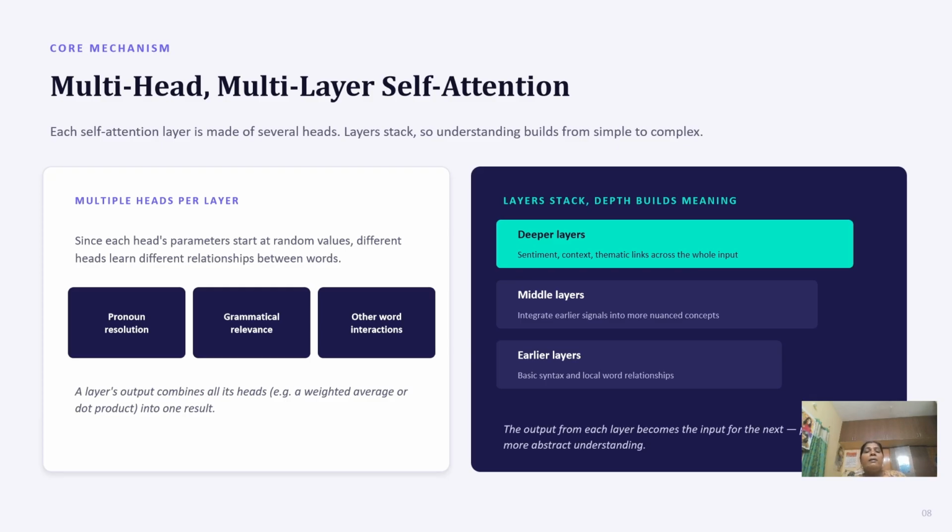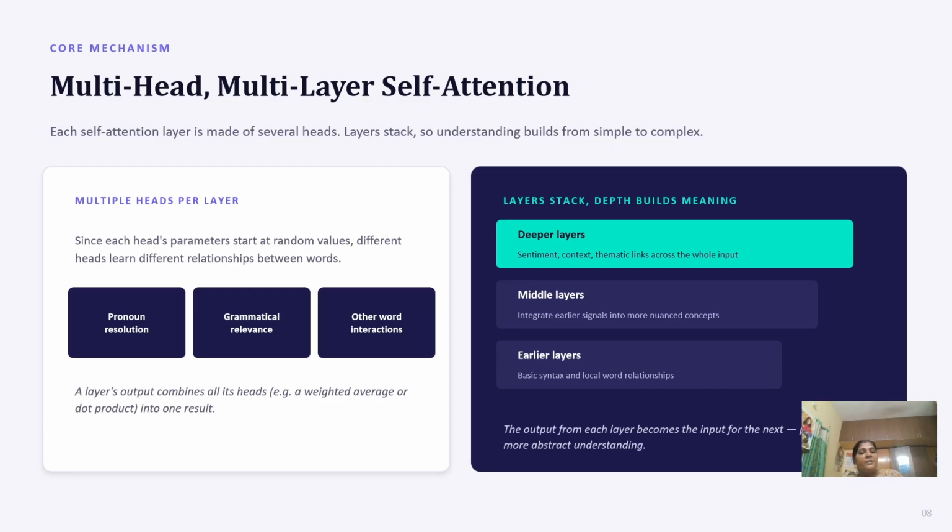In multi-head self-attention, each self-attention layer is made of several heads. That is, you go with a more complex mode. In multi-head, multi-layer self-attention, your self-attention is calculated in each and every layer. Each head's parameters start at random values.